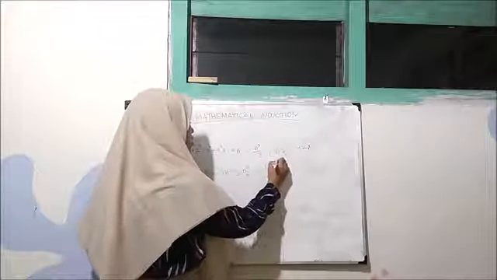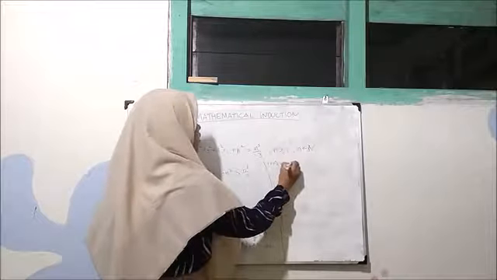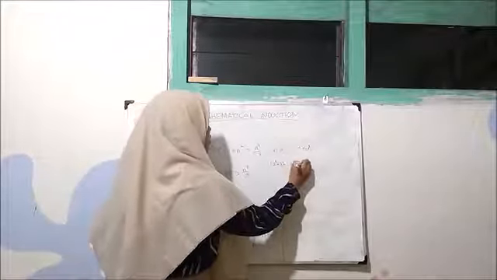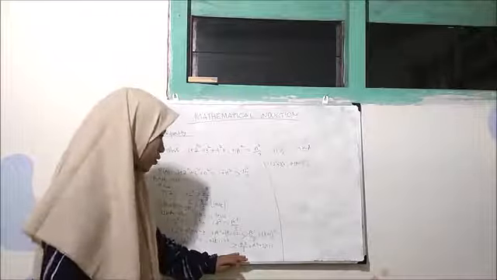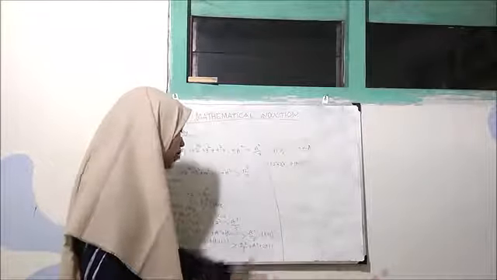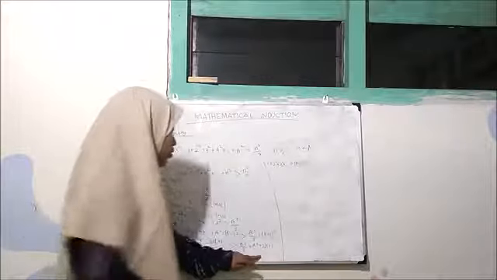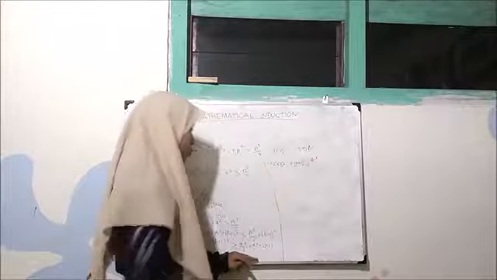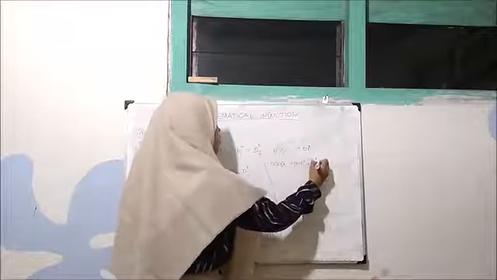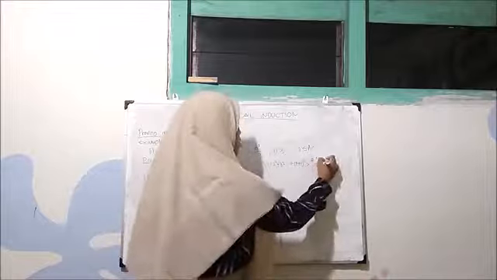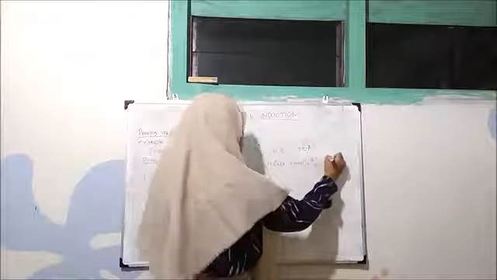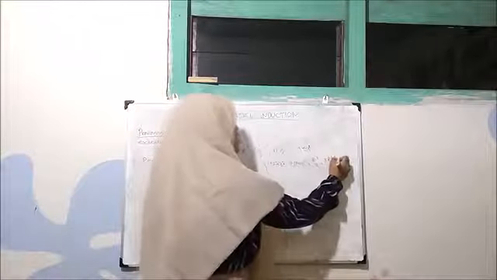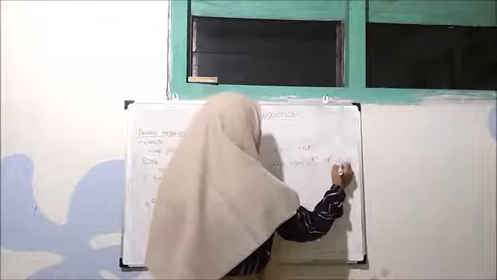The left hand side is the same. We make the denominator the same, so it becomes k cube over 3 plus 3k square plus 6k plus 3 over 3.